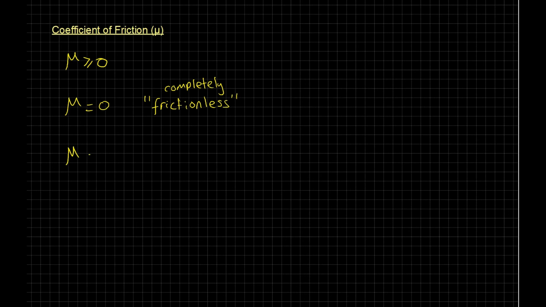As mu goes to infinity, we're basically saying the objects are sort of stuck to each other, so they can't ever slide past each other. It's almost like an infinite friction. You could think of it that way.